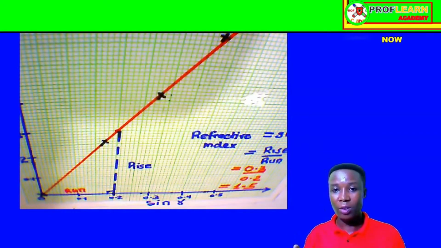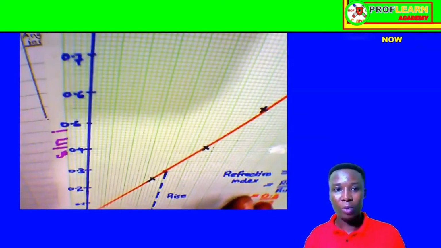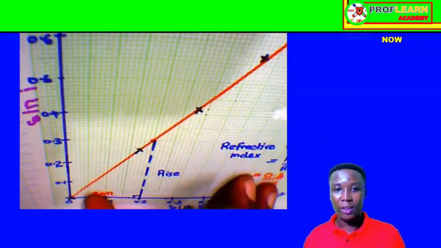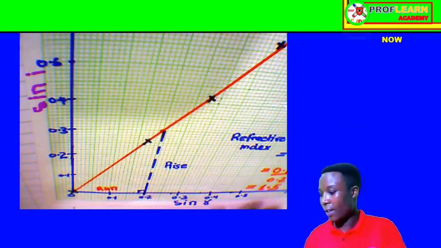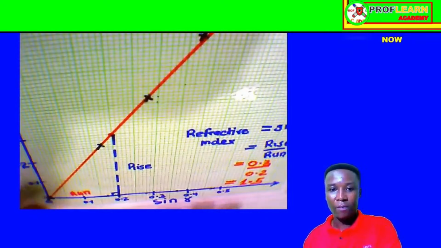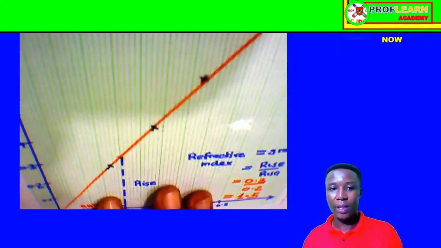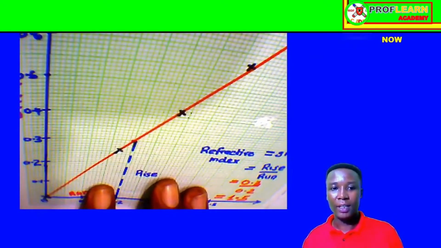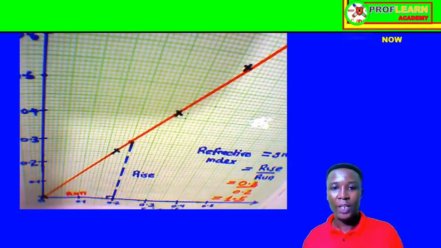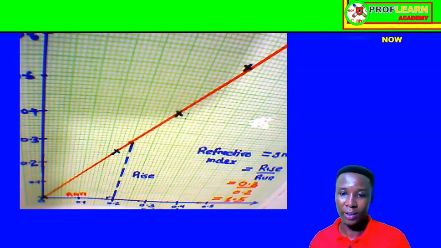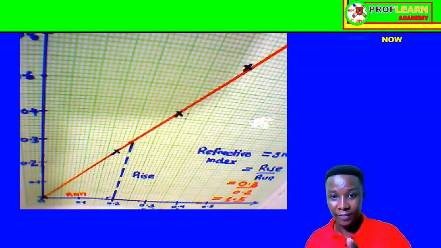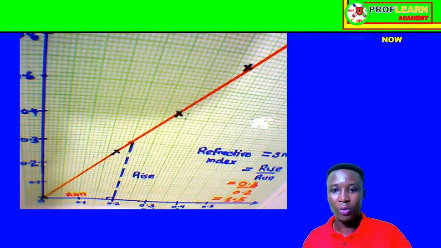So the first thing you need to do is select a correct scale, and you can see the scale that I used for the y-axis, where we have the sine I, and also the scale I used on the x-axis, where I have the sine of r. So that's how you can use a graph to work out the refractive index, and the refractive index is equal to the gradient of this line.